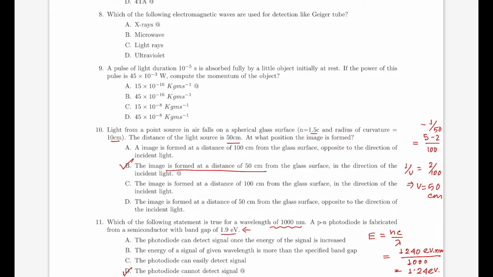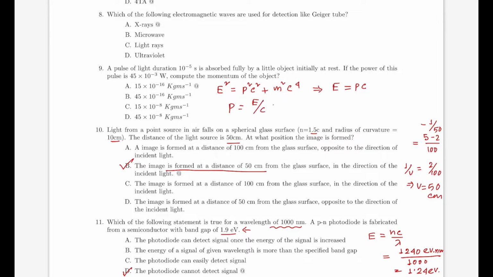Here we have to use the relativistic energy momentum relation, E square is p square c square plus m square c to the power 4. Since the object is very little, we can neglect this term and write E as pc. So the momentum is energy by speed of light.